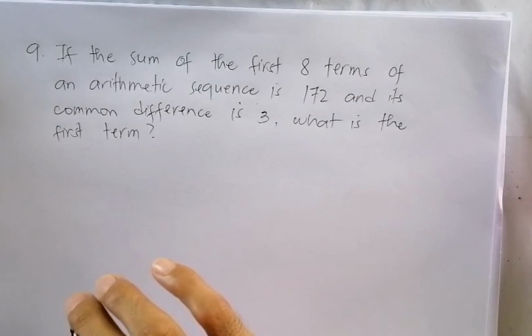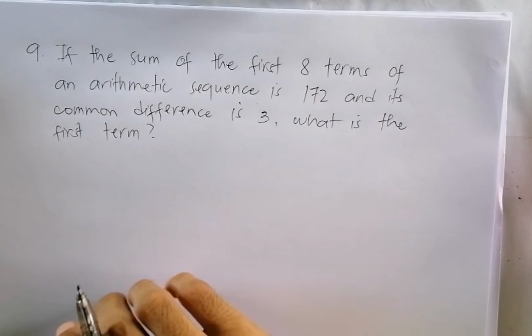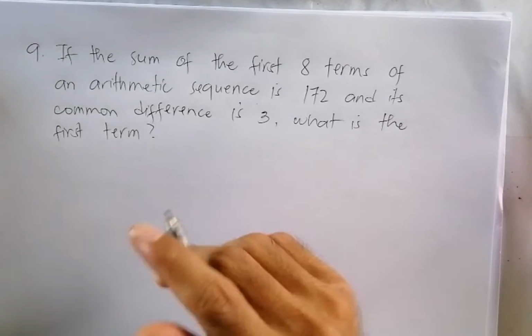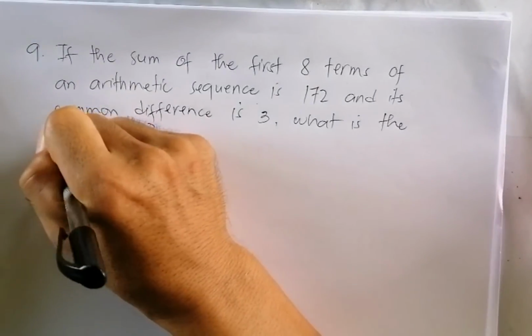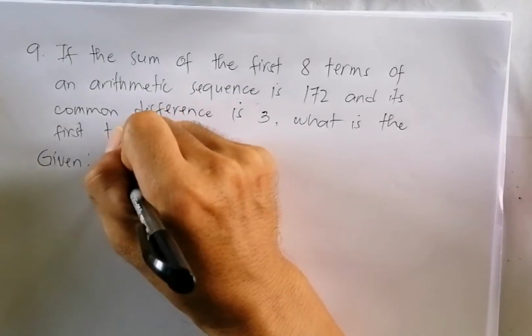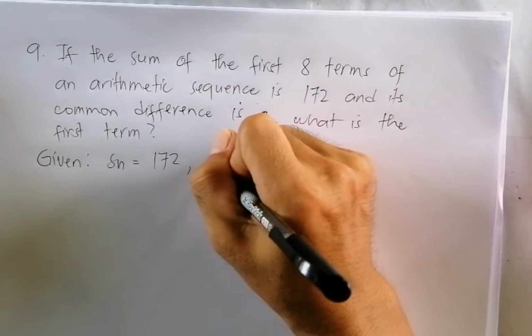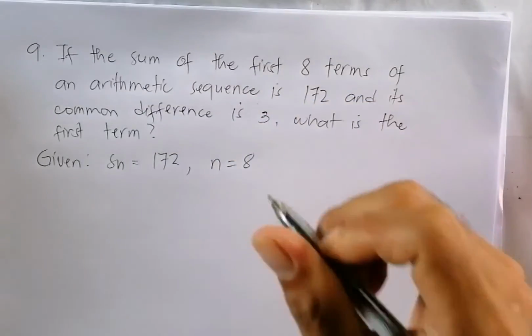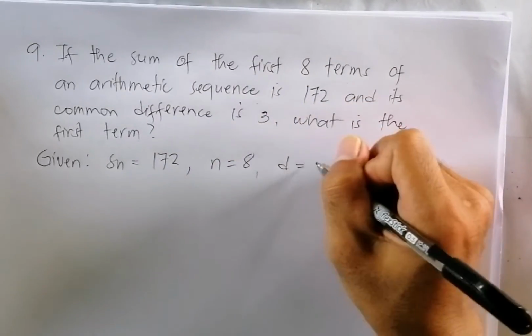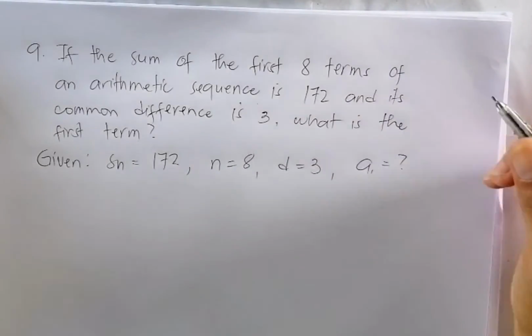Number 9. If the sum of the first 8 terms of an arithmetic sequence is 172 and its common difference is 3, what is the first term? Okay, given S sub n is equal to 172, n is 8, common difference is 3, then A sub 1 is unknown.